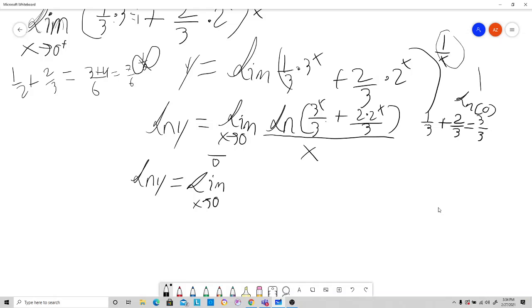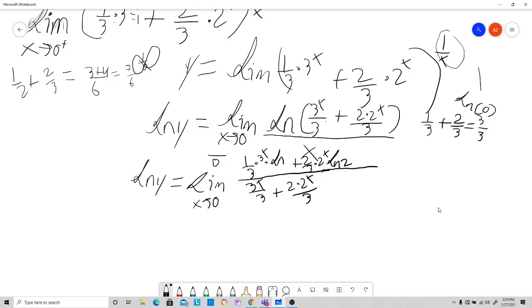So the top would be 3^x over 3 plus 2 times 2^x over 3, and the derivative would be 1/3 times 3^x times the ln of 3, plus 2/3 times 2^x ln of 2.